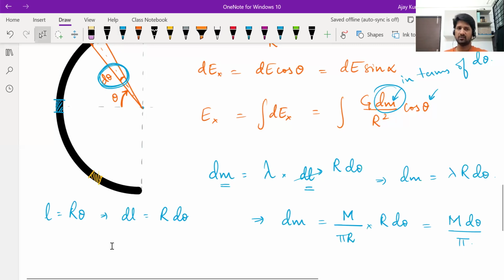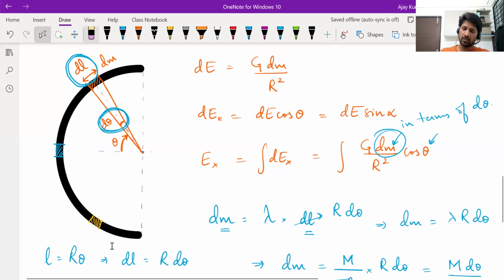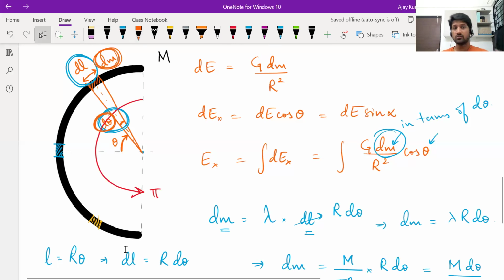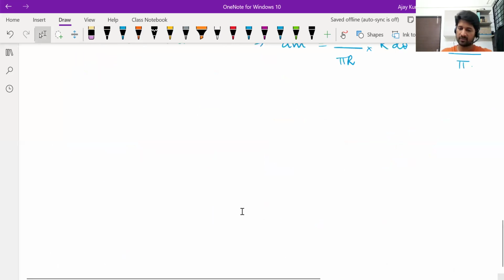But there is another idea also you can use. The total mass m of the ring is spread over an angle of 180 degrees, meaning pi radians. Total mass is spread over an angle of pi radians; how much mass will be spread over an angle of d theta radians is what we want. So you can relate mass to angle also.